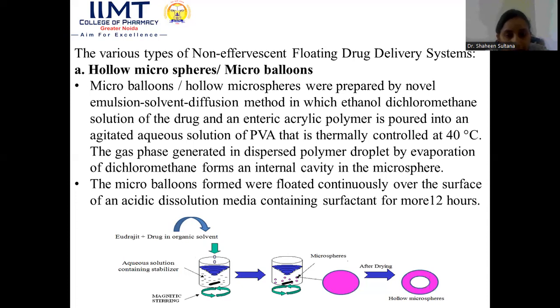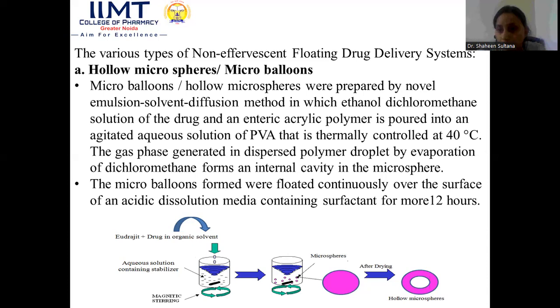This polymer and drug solution is poured into an aqueous solution of PVA, which is the stabilizer, thermally controlled at 40 degrees Celsius. The gas phase generated in the dispersed polymer droplets by the evaporation of dichloromethane forms an internal cavity in the microspheres. The microballoons formed floated continuously over the surface of an acidic dissolution medium that contains surfactant for more than 12 hours.